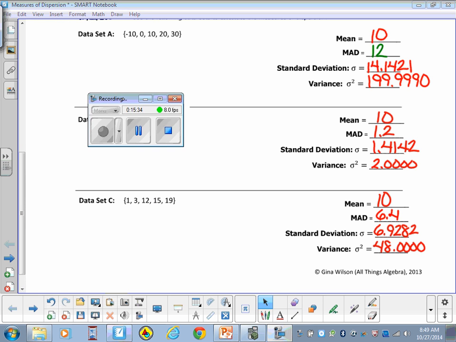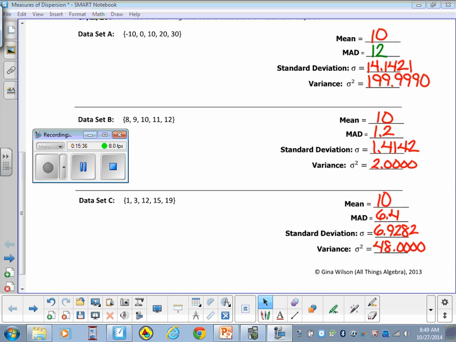Okay, let's look at this in relation to the other data sets. Our mean is the same for all of them, but data set B has the smallest mean absolute deviation and the smallest standard deviation, and that makes sense. If this is my mean, 10, and it happens to be in the data set, well, the range here is -2 and +2, so we're pretty close to everything.